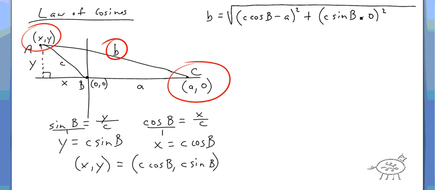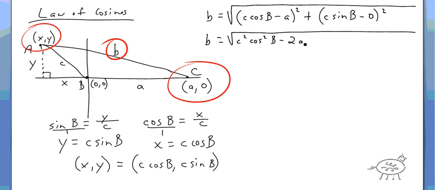Okay, so I'm going to expand things out a little bit. So b is equal to the square root of c squared cosine squared of B, basically FOILing this out, minus 2ac cosine of b plus a squared. That's that FOILed out, and obviously we have three terms here now. And then that's minus 0, so I don't have to worry about that.